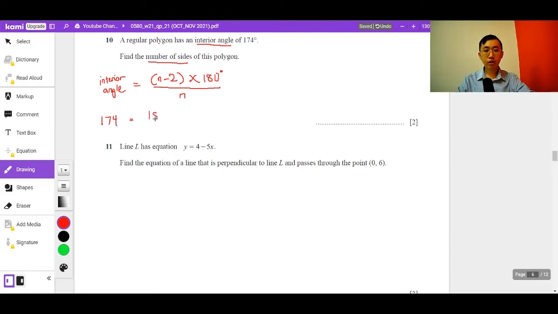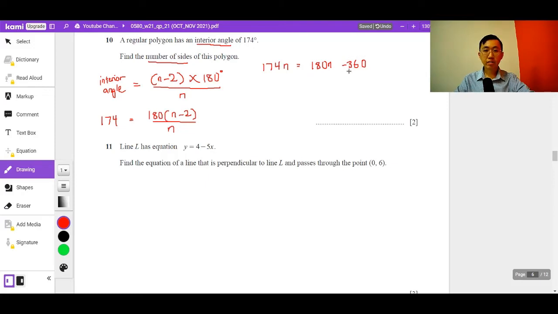Okay, so if I write in this form, maybe you can see clearly to expand. So we expand the top part, and this bottom part we kick it towards this side to become multiply. Alright, so watch. 174n, because I already moved this towards the other side, equals, here you expand. So 180n minus 360. Go. Alright, and then here you remember to move left and right.